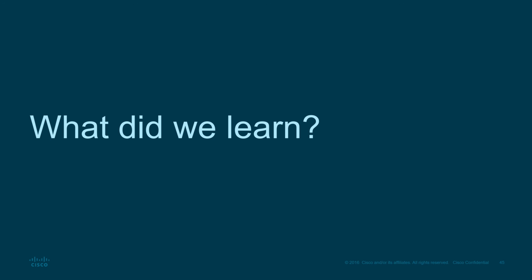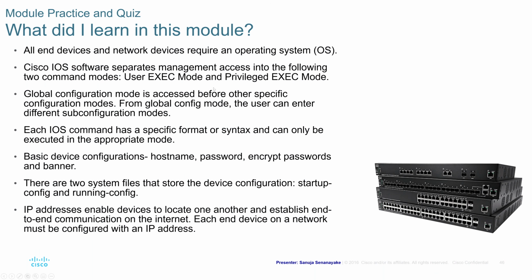Finally, we have come to the end of this module, and I will quickly go over what we learned in this module. For those of you who are registered with Cisco NetAcad or with an organization to do these particular courses to obtain your badges and certifications, these are the key things that you need to remember for your quizzes and exams.